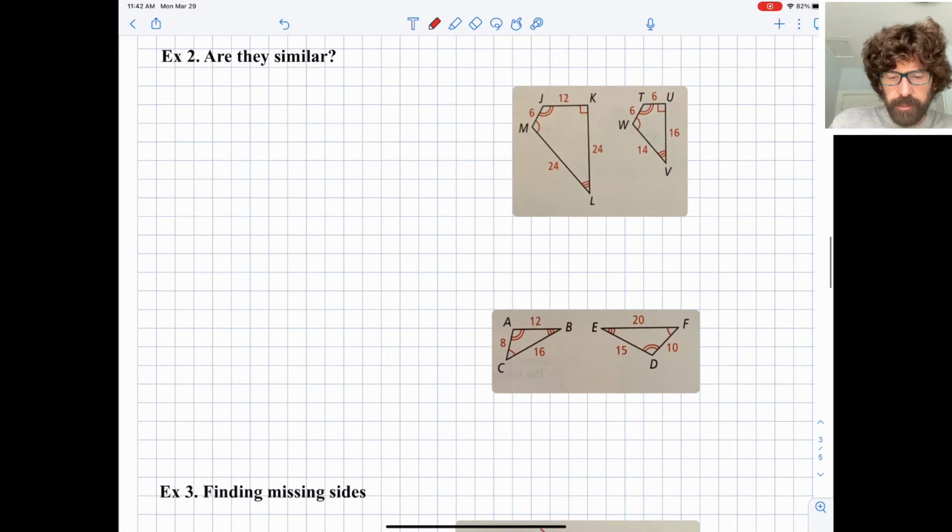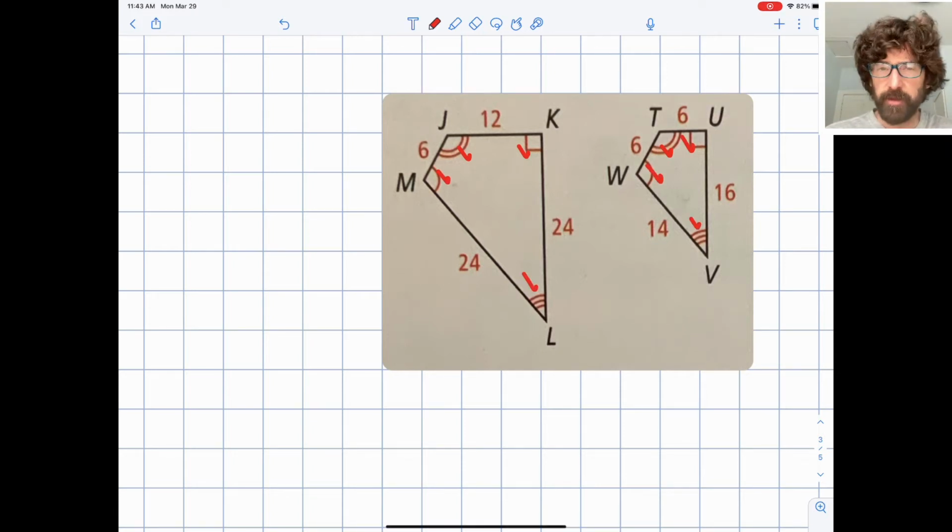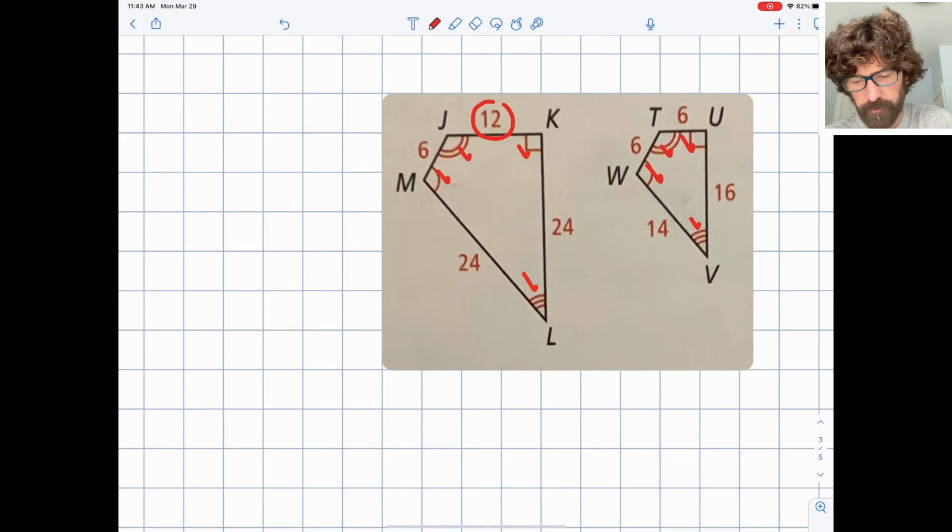Let's look at these here real quick. This question is, are they similar? Okay, so we'll look at this first one, and it looks like we have some corresponding angles that are congruent, so that's great news. Okay, so we have the angles all checked off. Corresponding angles are all congruent. Let's make sure corresponding sides are proportional. So 12 to 6, that's a factor of 2.